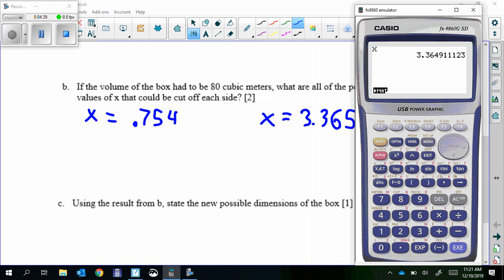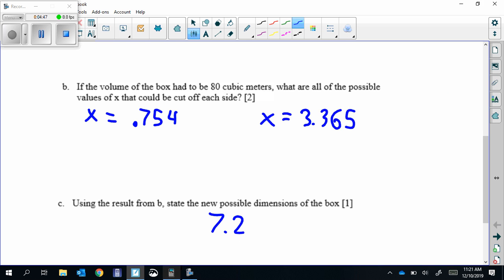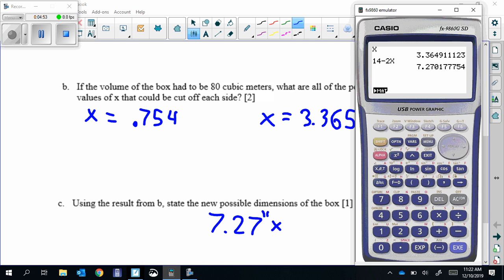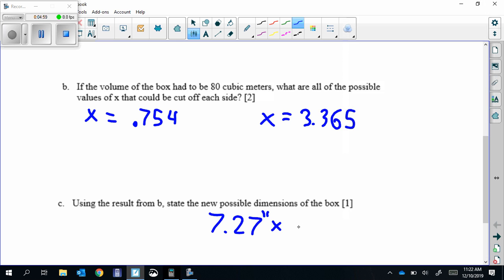So if I just type x, that'll work. So I can do 14 minus 2x, and I can do 10 minus 2x. And then x would be the other one, 3.365.